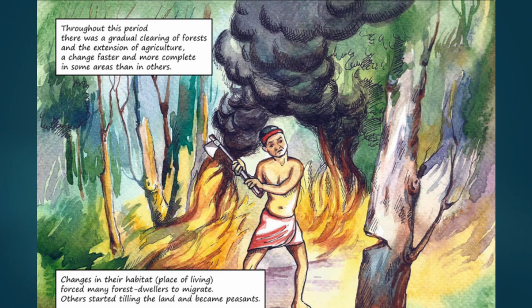Throughout this period, there was a gradual clearing of forest and the extension of agriculture, a change faster and more complete in some areas than in others. Changes in their habitat, place of living, forced many forest dwellers to migrate. Others started tilling the land and became peasants.